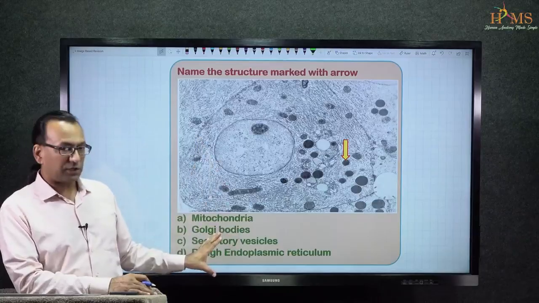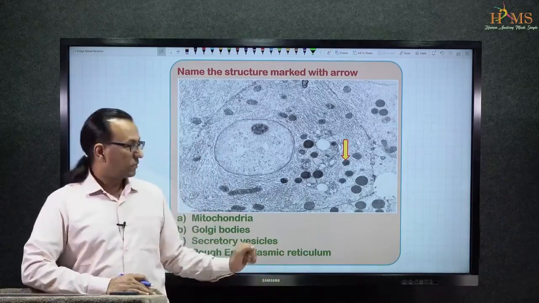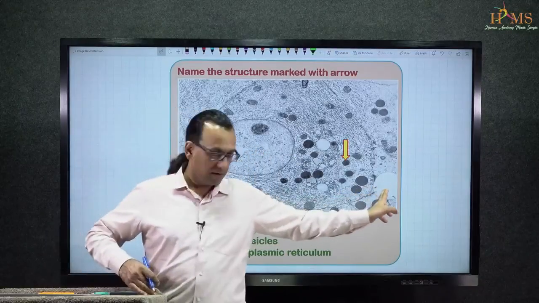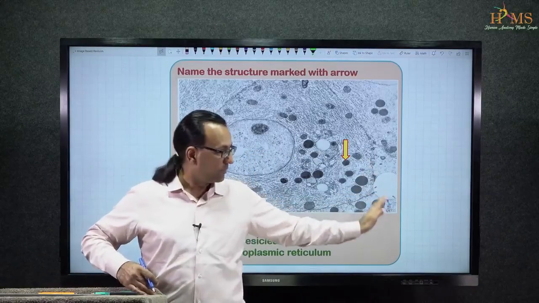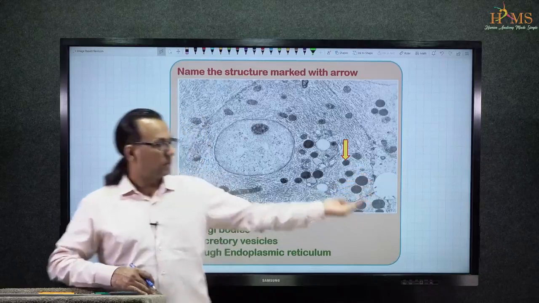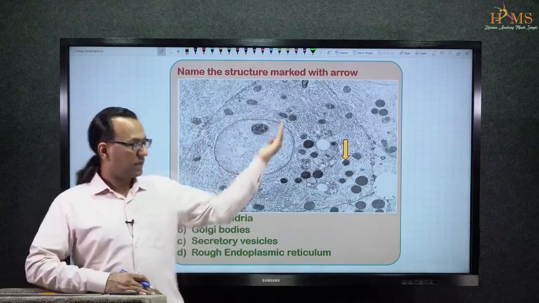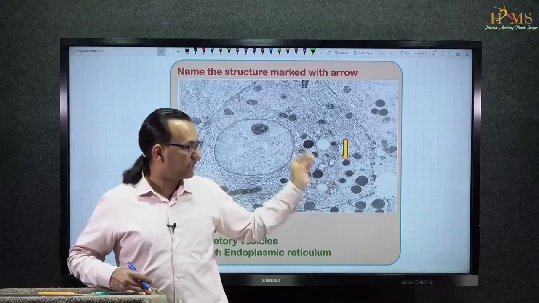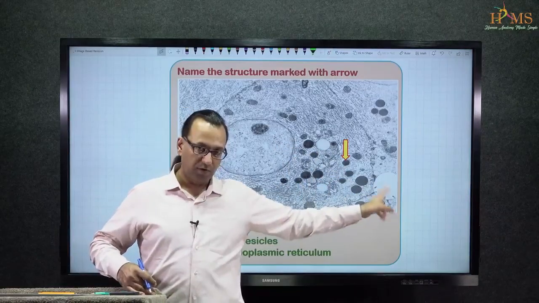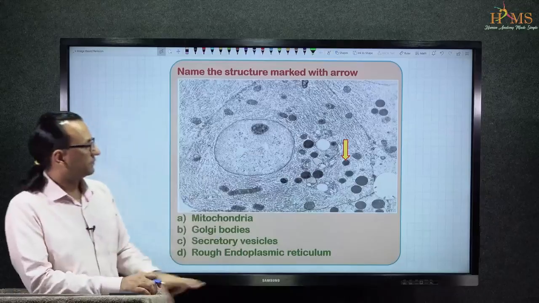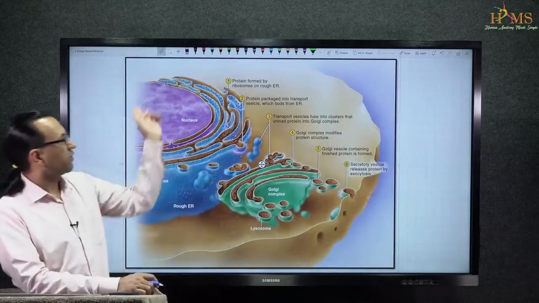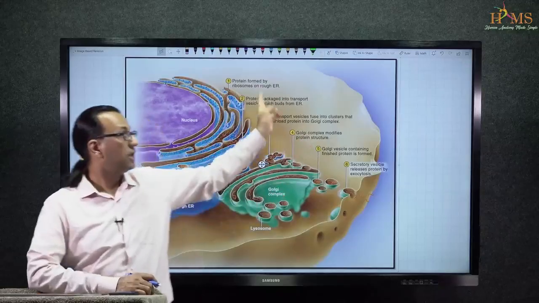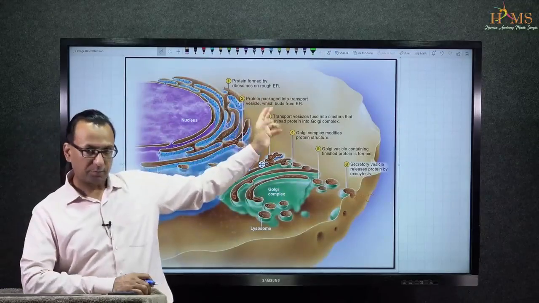Before we comment upon the answer, let us have a look over the secretions coming out of a cell into the lumen, where you will be involving the rough endoplasmic reticulum and secreting, giving it to the Golgi bodies, which will be packaging it and then sending it towards the lumen for exocytosis. So as we talk about that, there is a nucleus, and near that you have the rough endoplasmic reticulum with the ribosomes involved in protein synthesis.